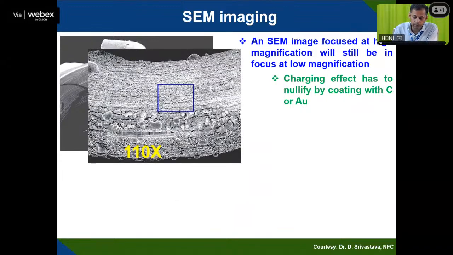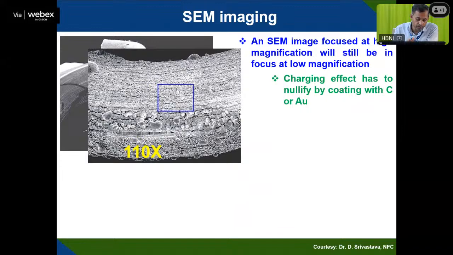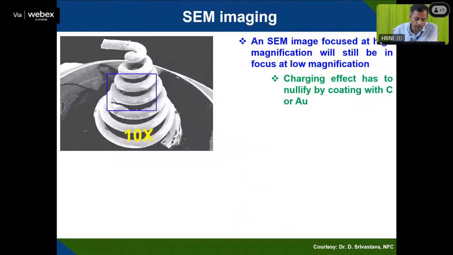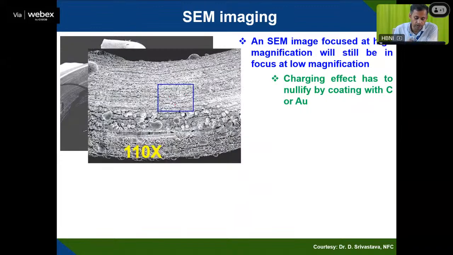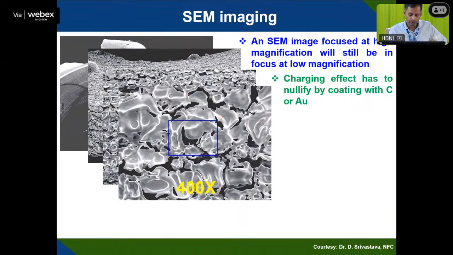And then if you magnify this, initially you have this type of structure and you are not getting any internal morphology, but if you go slightly to 110x, you are seeing the internal morphology here. If you go further to 200x, you can see the inside pores and how this pattern looks. Further, at 400x, you can see the microchannels inside.